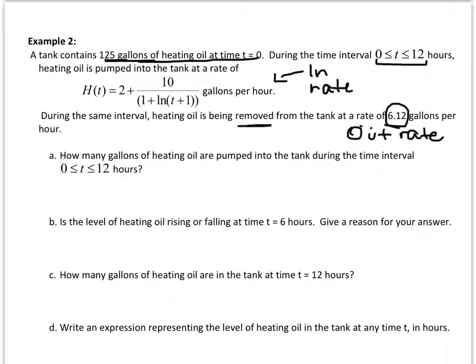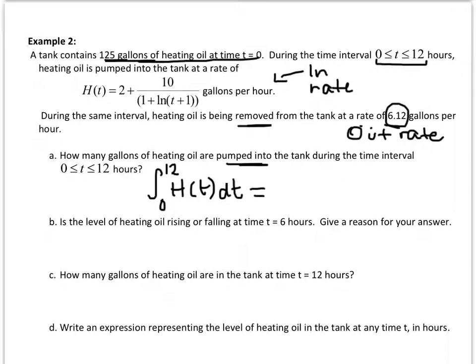So looking at the first question, how many gallons of heating oil are pumped into the tank during the time interval 0 to 12? So this is only asking me to consider how much comes in, not how much comes out or how much there is overall. And so I can find that by integrating. I want to do the full 12 hours, and I want to do this function that's called h of t dt.